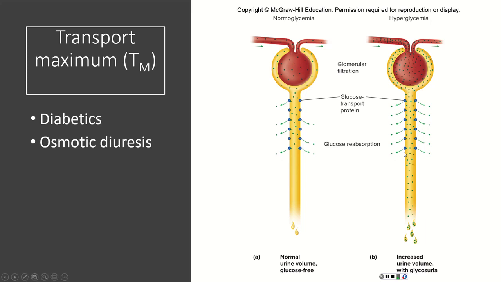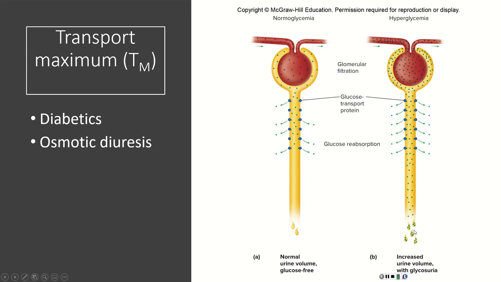Well, that substance remains in the filtrate. And if it remains in the filtrate, it's also going to show up in the urine. There should not be glucose in the urine normally because we've reabsorbed it all. Down here we see there's no glucose in the urine. Over here we exceeded transport maximum. Now there's glucose in the urine.